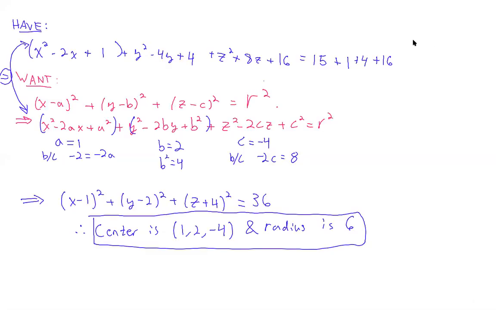Suppose we have, as our next example, 2x squared plus 2y squared plus 2z squared is equal to 8x minus 24z plus 1. And it looks a little scary in this case because you've got these extra terms in there.